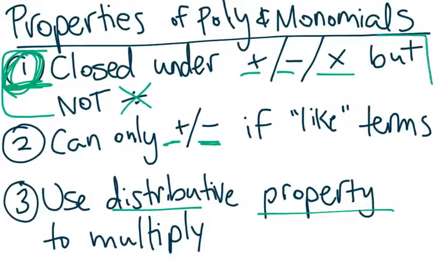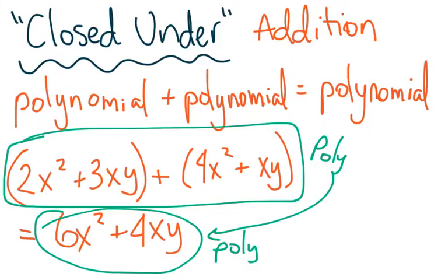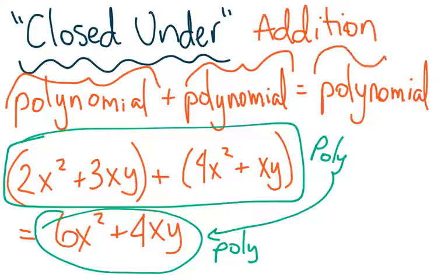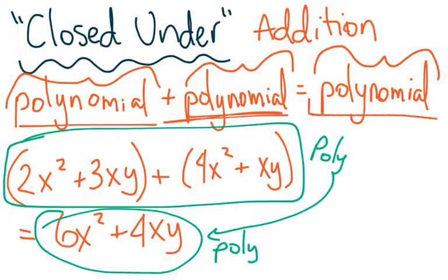What does it mean for something to be closed under the operations of addition, subtraction, and multiplication? Closed under addition simply means that if you add a polynomial to another polynomial, your answer is going to be a polynomial. So if you have a certain set of numbers and you add them with another set of numbers and you get the same exact type of numbers out of that, that means that those numbers are closed under the operation of addition.